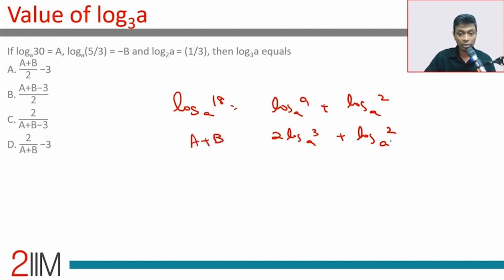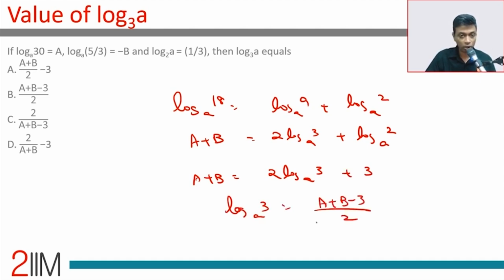Log 2 to the base a is 3. So a plus b is 2 times log 3 to the base a plus 3, or log 3 to the base a is a plus b minus 3 by 2. We are looking for log a to the base 3, which is 2 by a plus b minus 3.